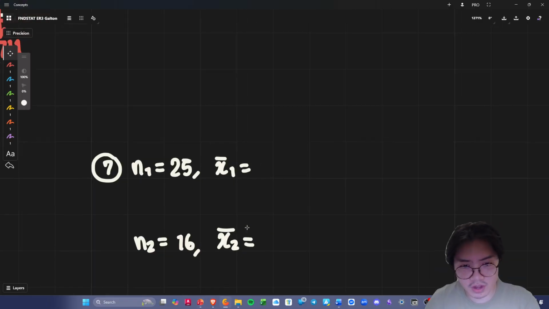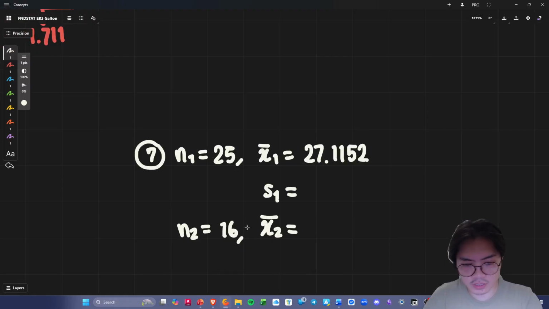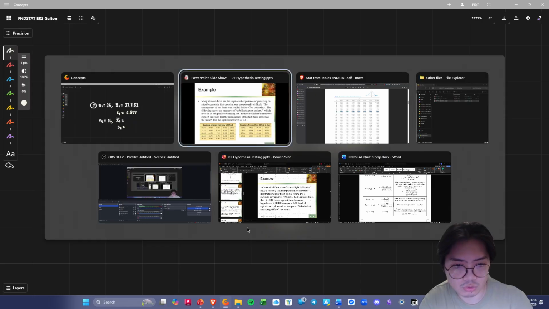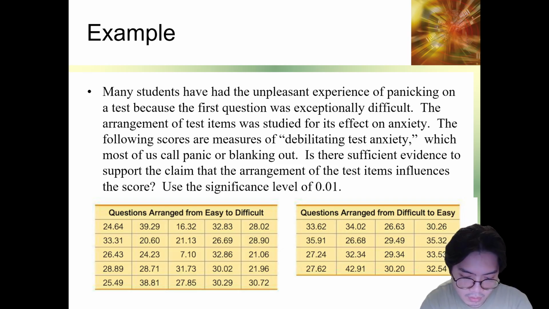Let's just have our new X bar right here. That is 27.1152. Then our sample standard deviation is 6.857. On the other hand, for X2, we enter 33.34, and go on to the bottom. 35.7, 4.32, 440.